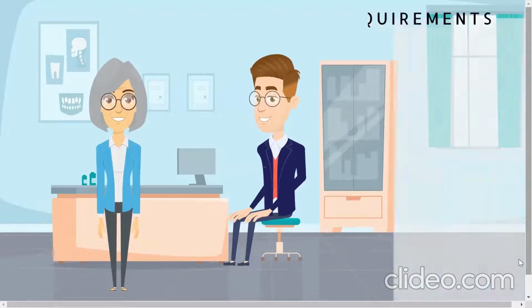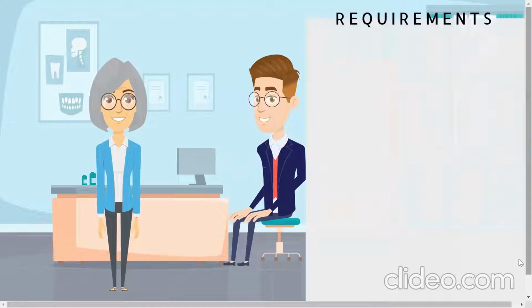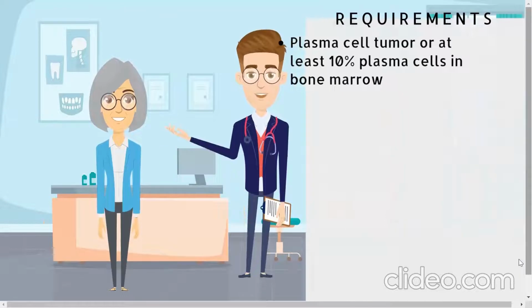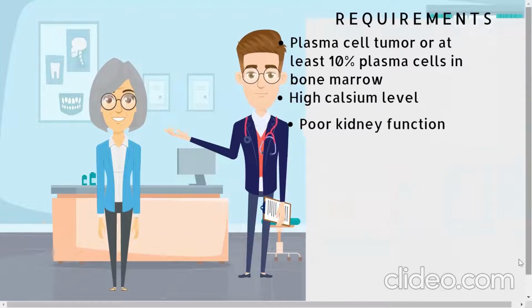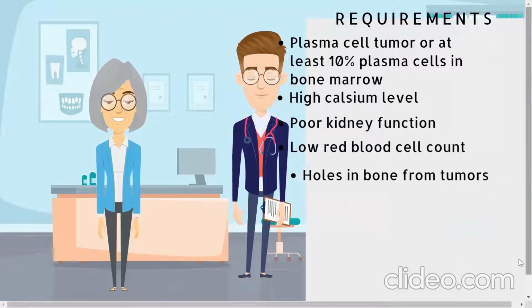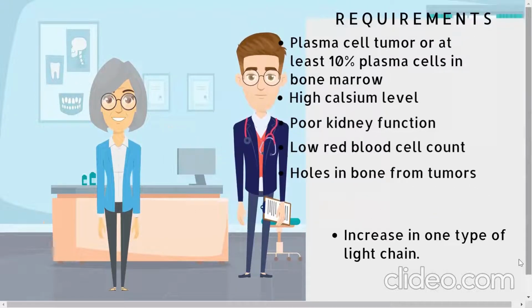A positive diagnosis of multiple myeloma can include a combination of the following tests, but must always include the presence of a plasma cell tumor, proven by biopsy, or a plasma cell count of 10% or more in the bone marrow biopsy, accompanied by at least one of the following: high blood calcium level, poor kidney function, low red blood cell counts also known as anemia, holes in the bones from the tumors found on imaging studies, such as a CT, MRI, or PET scan, or an increase in one type of light chain in the blood that exceeds another type by 100 times more than the other.